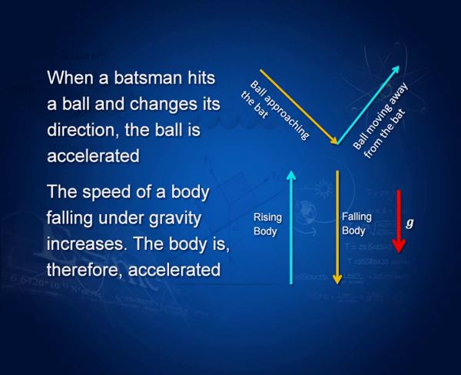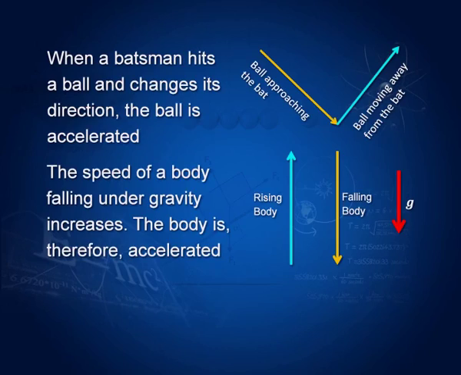Because there is a change in direction, and I have been emphasizing that a change in direction or a change in magnitude or both means that the motion is accelerated. So the ball approaching the bat, the ball moving away from the bat, the direction changes and therefore the motion is accelerated. Why is it accelerated? Because there is the force of the bat. So that makes it accelerated motion.